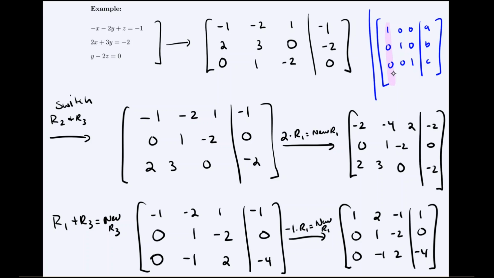So far we've got this done. Now we need to make this a 0. And we see that if I just add these as they are, they're going to cancel. So I'm going to say row 2 plus row 3 is new row 3.